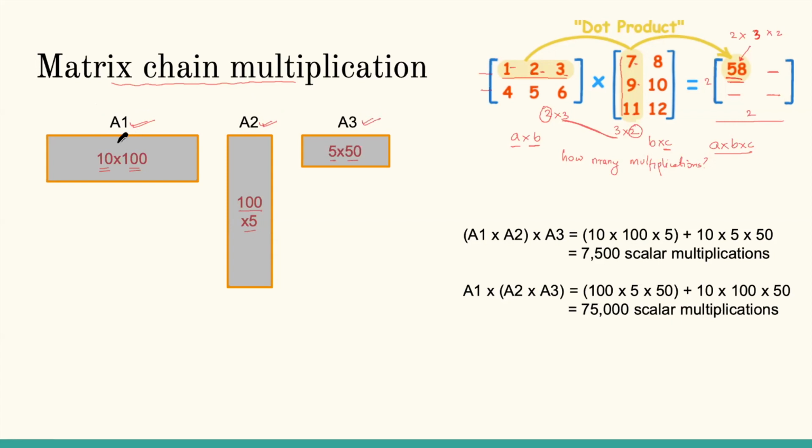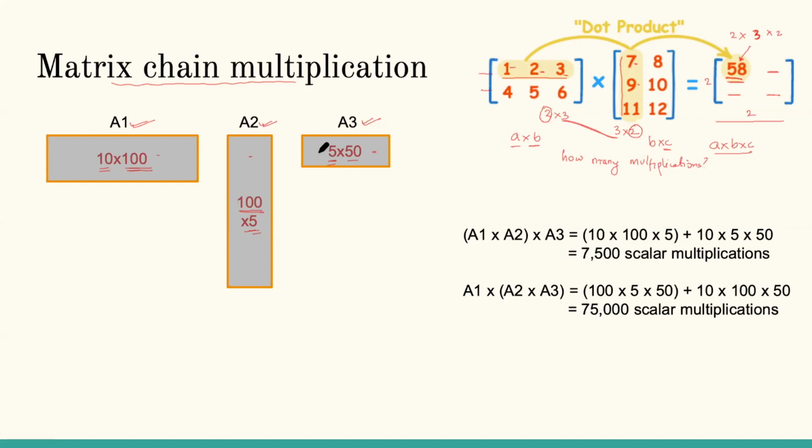Obviously, we can multiply these three matrices, A1 with A2 with A3, because the second dimension of the first matrix is compatible with the first dimension of the second matrix, and so on.